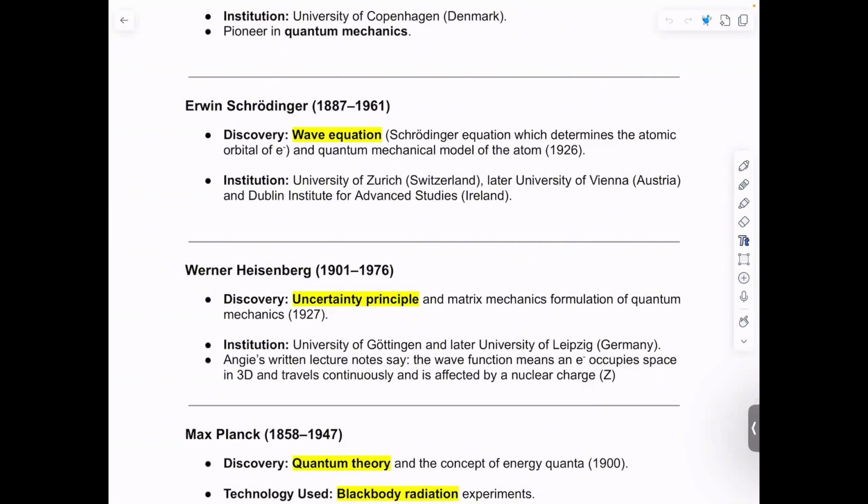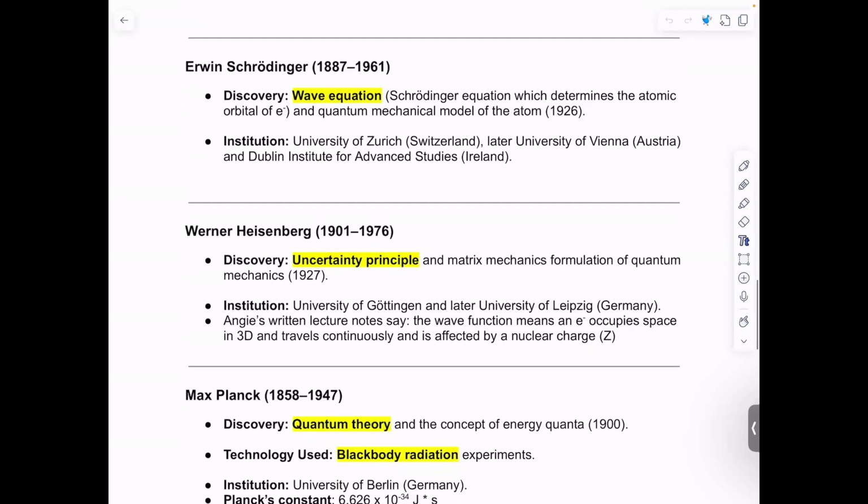He did some work on the wave function, and this has to do with the electron occupying space in 3D, traveling continuously, affected by the nuclear charge. So he has a formula dedicated to his work. I don't think I ever had to solve any of them, but if you went further into chemistry, maybe PChem or physical chemistry, you'd probably have to do that kind of math work.